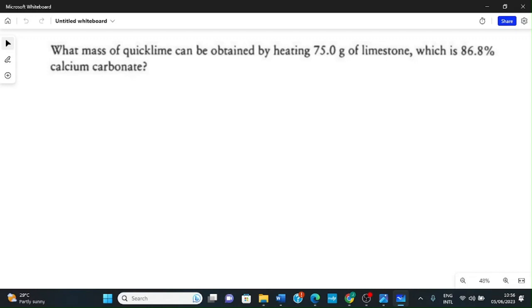Quicklime is calcium oxide that is obtained by heating 75.0 gram of limestone. And that 75.0 gram of limestone is what? 86.8% calcium carbonate. So the first thing to do is to write down the balanced chemical equation.